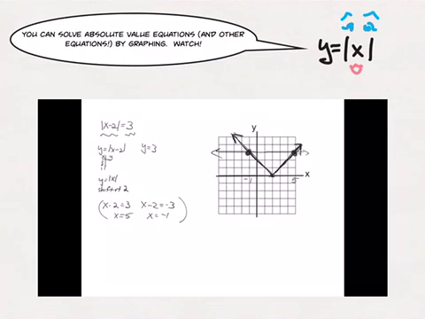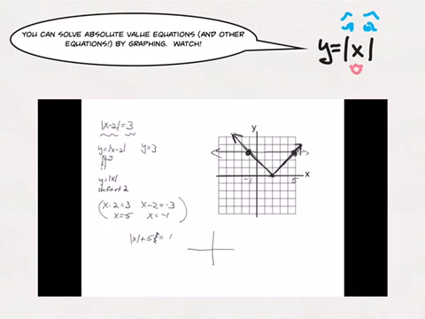And then, real quick, how come sometimes we get no solution? Graphing can help us. If you have the equation the absolute value of x plus 5 equals 1, and you graph that using transformations, I know this means take the graph of y equals absolute value of x and shift it up 5 units.